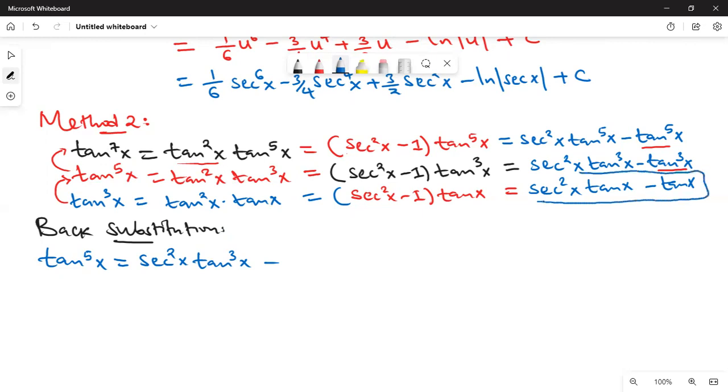So this is what I'm going to write in place of the other tan cubed x. That's the same as minus the whole of that, so it's minus sec squared x tan x. A minus and a minus will become a plus, so plus tan x.